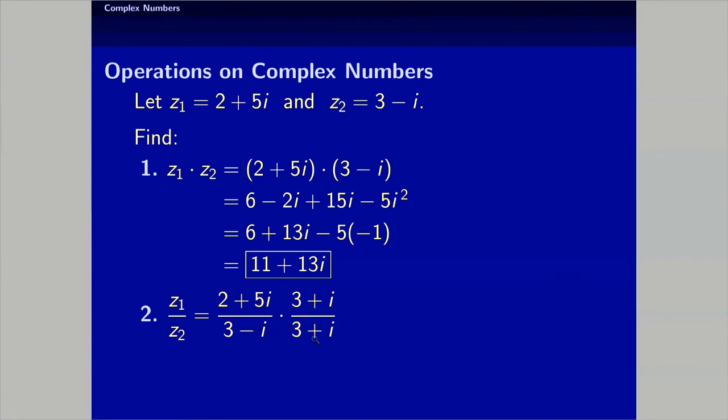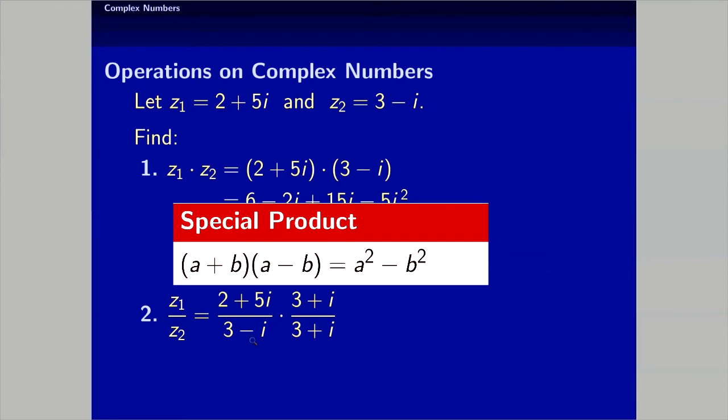But in the denominator, notice that this is a special product. You recall the difference of two squares. But if you can't recall that, it's okay to use the FOIL method in the denominator. But here, I'm going to use the difference of two squares.